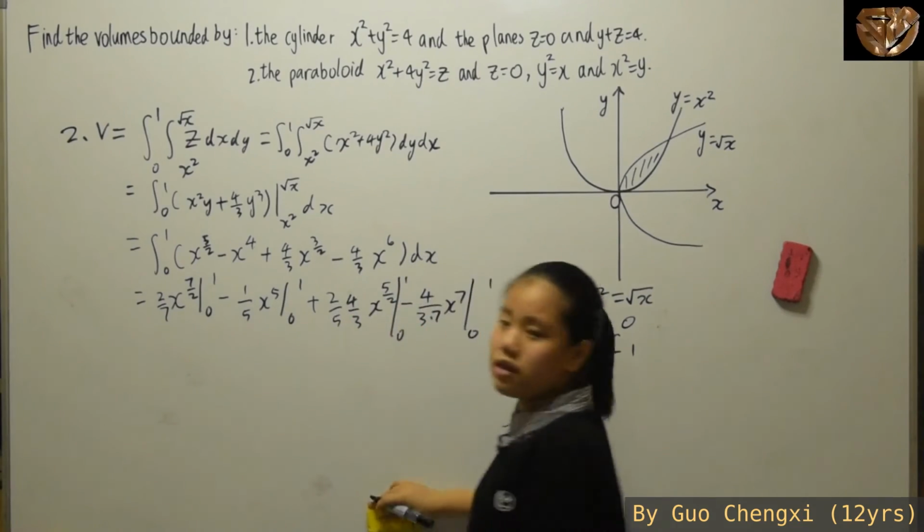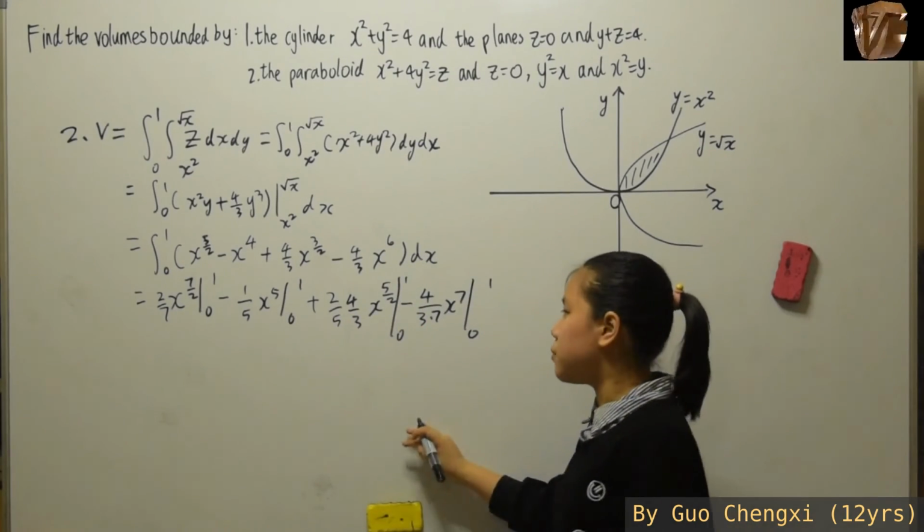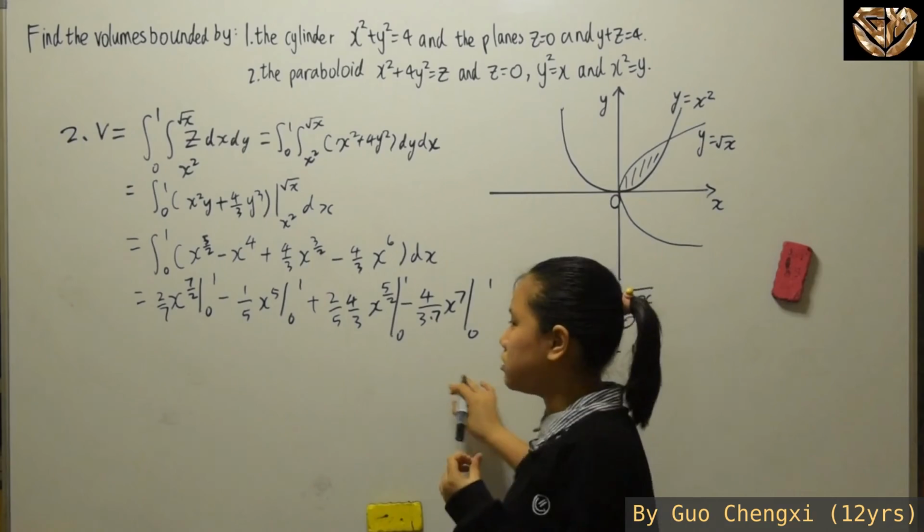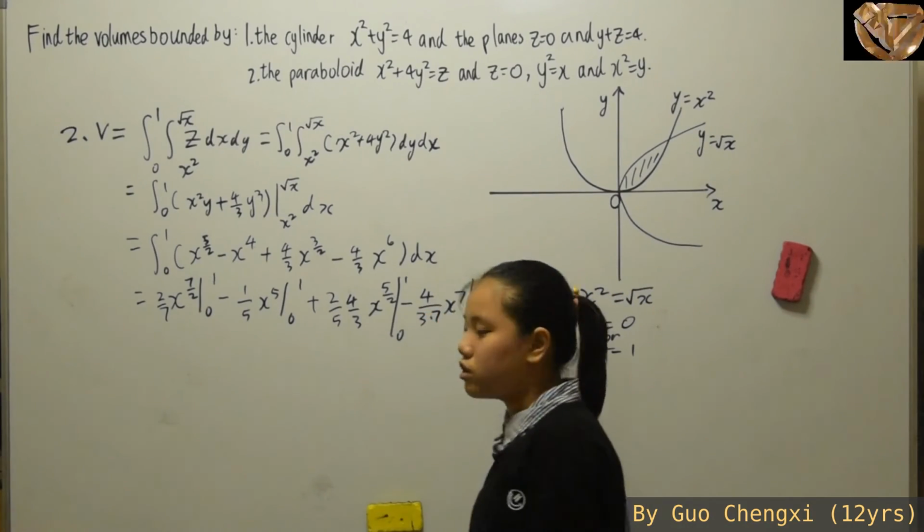Now that you have this part, we can substitute the boundary inside, and if you realize, when you substitute 0 inside, you just get 0.